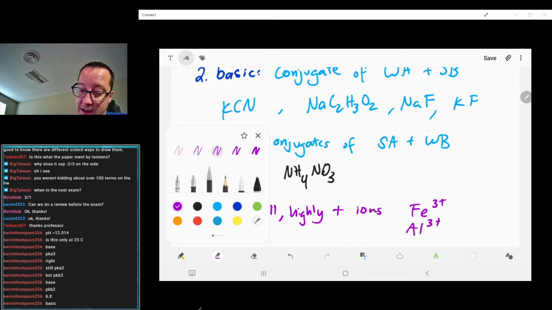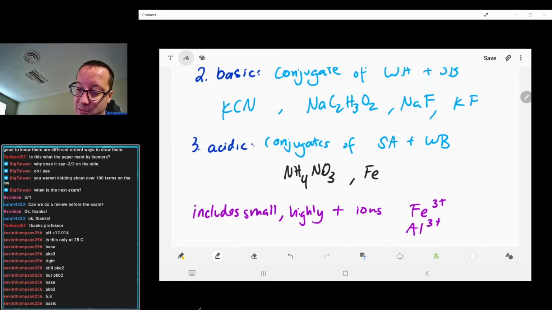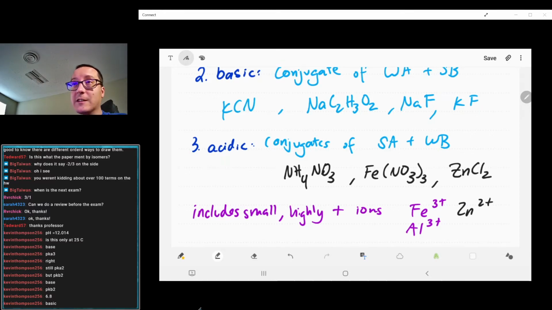So if you had something like iron 3 nitrate, that would be an example of an acidic salt. We'll take a look at that in just a minute. Something like that, or even something like zinc chloride. Zinc is also going to be one of these, although it's not nearly as strong as iron or aluminum. These can still function as acids. We're going to see what that looks like, but first let me do our fourth category, and then we'll take a look at some of these metal ions.